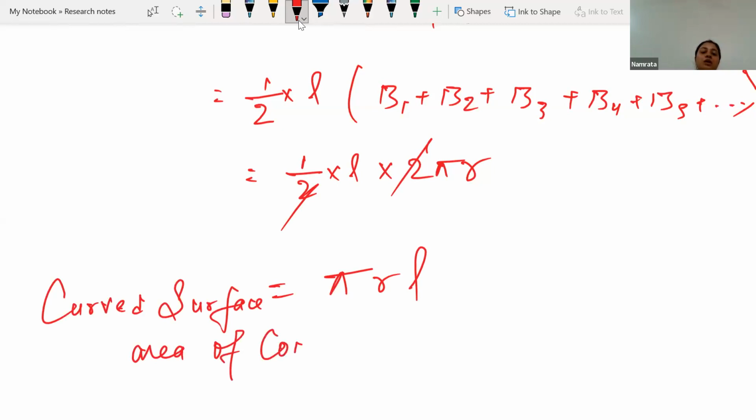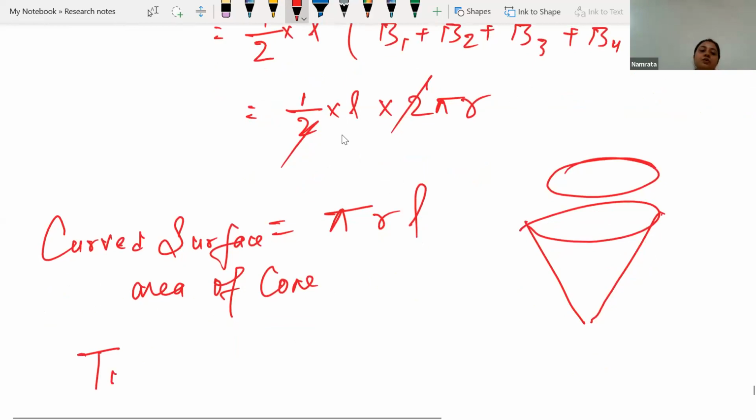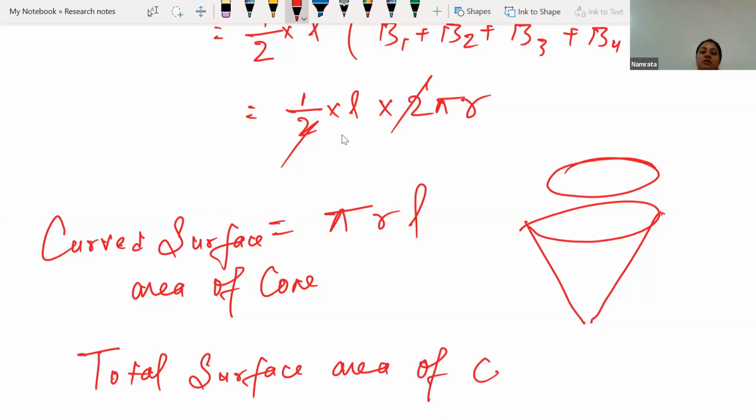of cone. Now, if you focus on the shape of the cone, it has the curved surface area and the total surface area. In the total surface area, we are assuming that this part is not hollow. This is covered. So there is a formula for total surface area of the cone also. Total surface area of the cone is pi rl plus pi r square, because that is just a circular end.